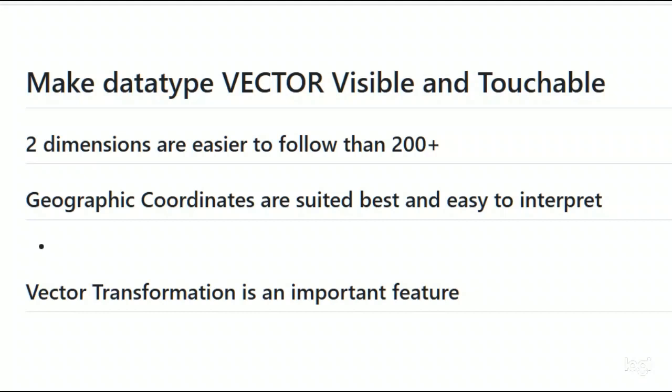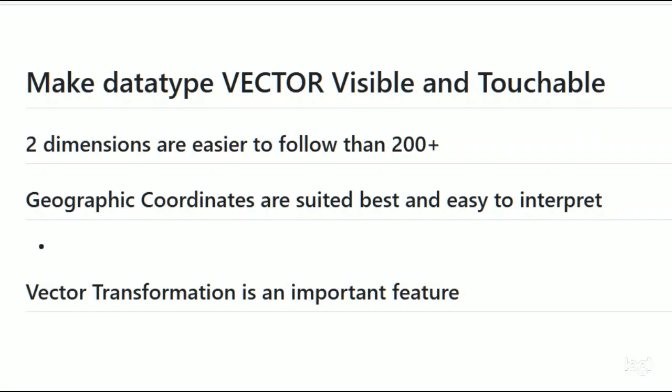So I decided to make a very simple example using geographic coordinates that have just 2 dimensions, and working with them is of course much easier, and also easier to understand what their results mean.